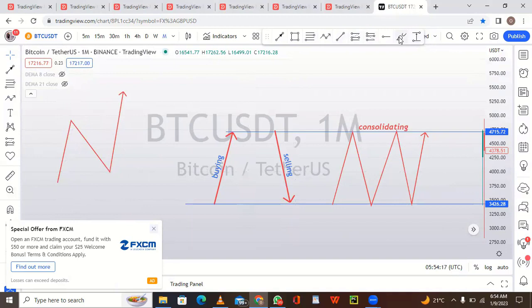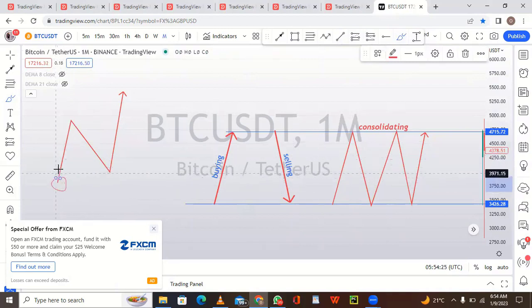This particular region is the low point. The market starts from a low, creates a high, creates a low that is higher than the previous low, and then finally creates a high that is higher than the previous high.